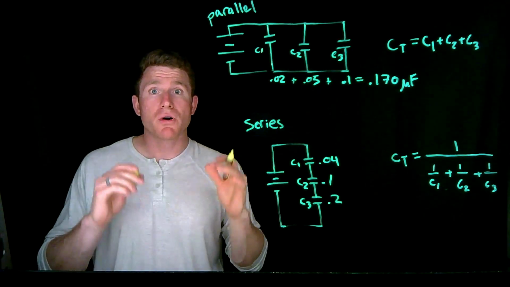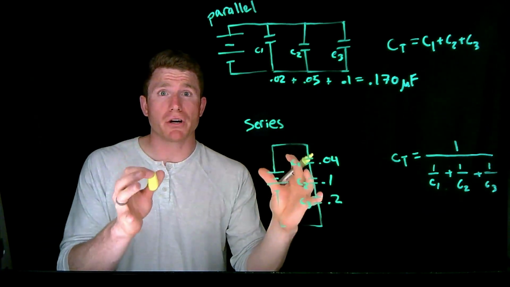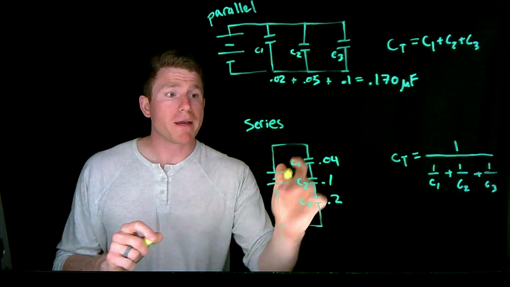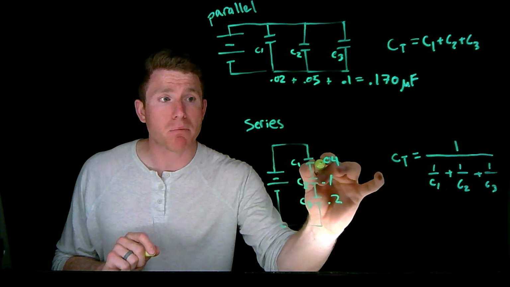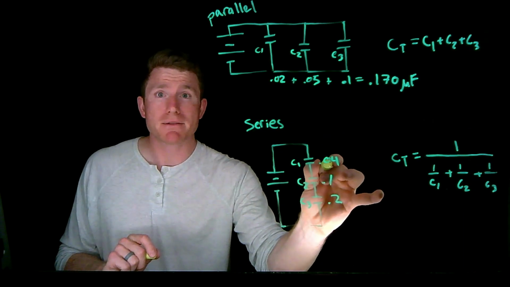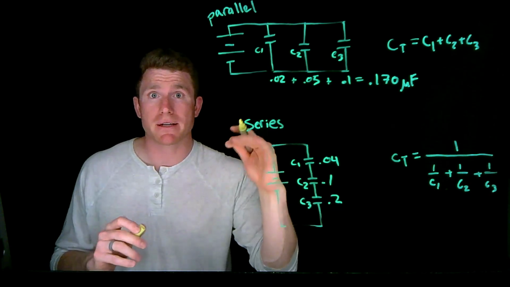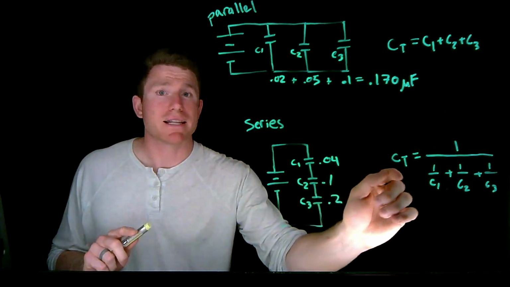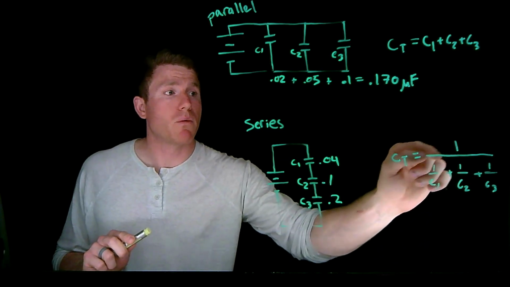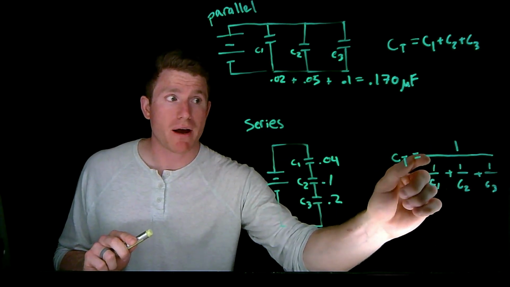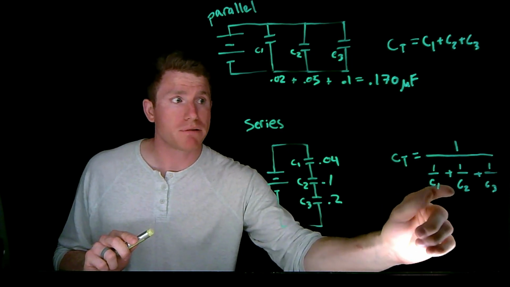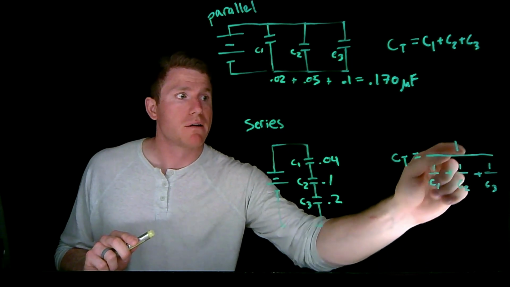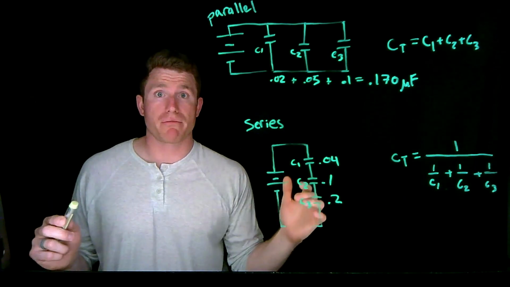Here, the total electrical charge they can all hold in the circuit will be an amount less than this 0.04, because this is the smallest capacitor. It has the lowest capacity. The formula we're going to use is: total capacitance is 1 divided by the quantity 1 divided by capacitor 1 plus 1 divided by capacitor 2 plus 1 divided by capacitor 3.